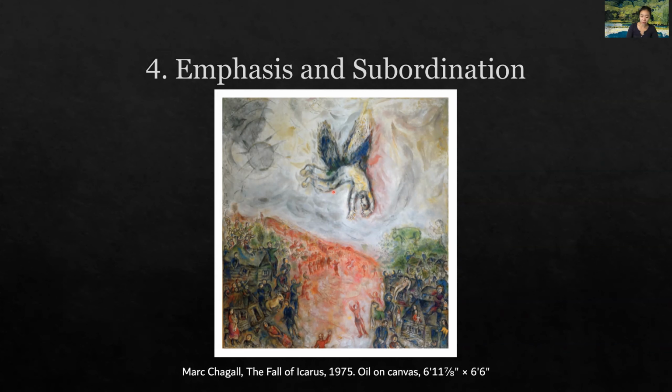In Chagall's version, Icarus is the focal point, right? And distinctly set apart from the light sky, not only by his position at the top and the center of the work, but also by the use of bold red, yellow, and blue primary colors to depict the falling figure.